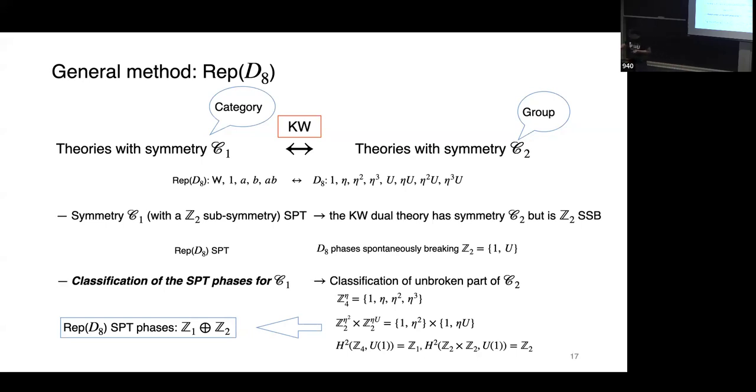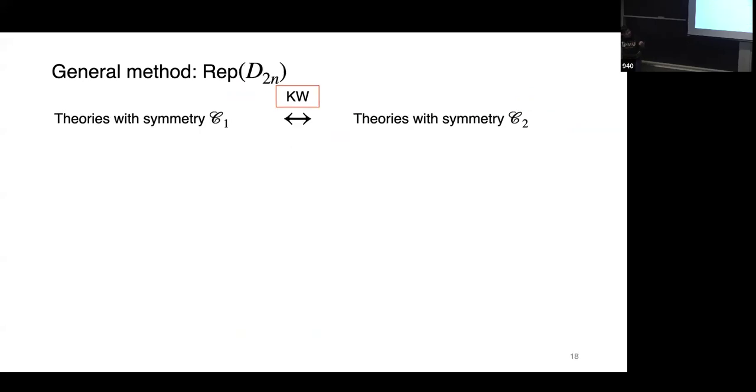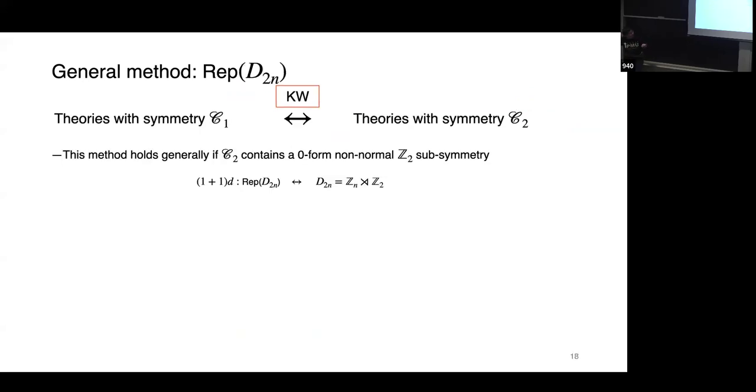Yes. So this is the example, but we can generalize it. For example, from the D2N symmetries in 1+1D, if you gauge the Z2 symmetry, it gives you the Rep(D2N) symmetries. And in 2+1D, gauging a Z2 zero form symmetry will generally give you a Z2 one form symmetry, and the rest.